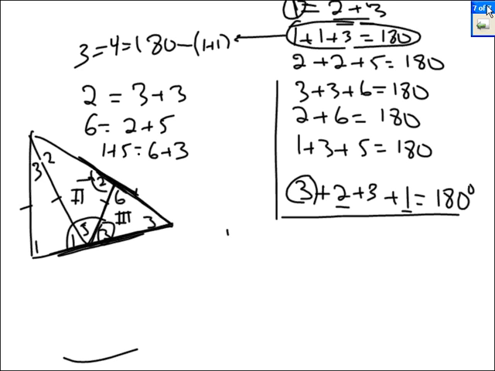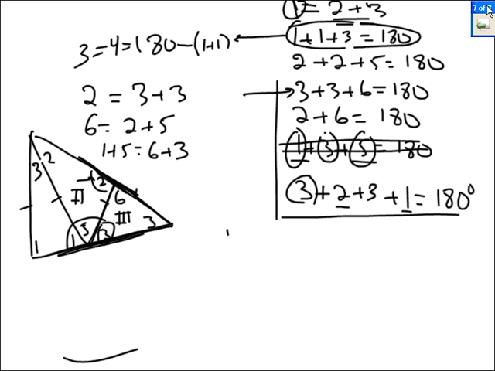I don't seem to be seeing this, but you just have to hit on the right combination. For example, 1 plus 5 is 6 plus 3. This here is 6 plus 3, plus another 3. But that's exactly this one.